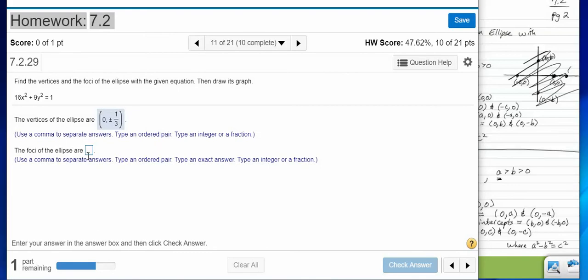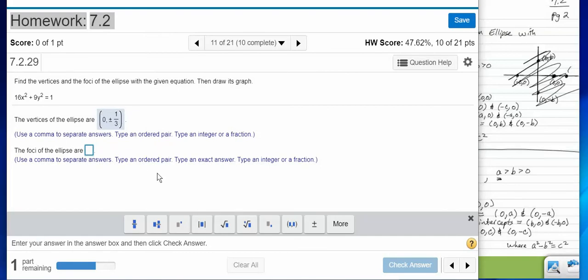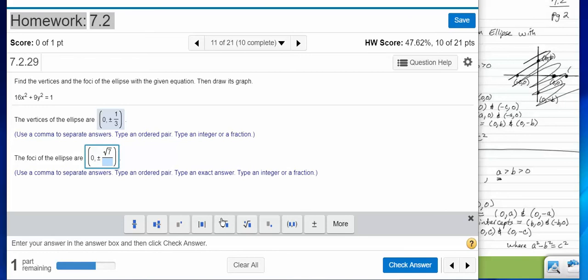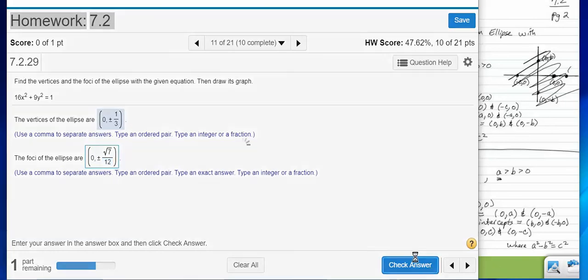Okay, and then 0 and what did we say was plus minus square root of 7. So square root of 7. Now make sure you bring the cursor outside the square root, and then hit your divided by 12. So we want to make sure it looks like that.